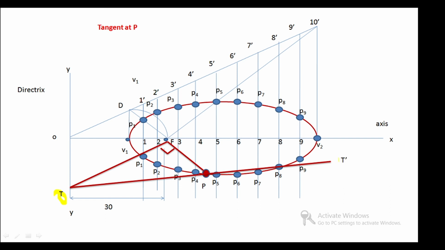After that, the normal line is always perpendicular to the tangent line. T dash is denoted for the tangent line and N dash is the normal line.